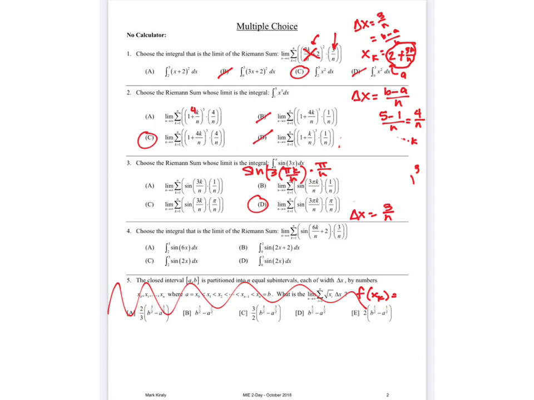Okay, so let's see if we can find our x sub k. Let's see if we can come up with that information. Feels like that's going to be what? Well, a is 2. Feels like a might be 2. Do y'all agree with that? Okay.